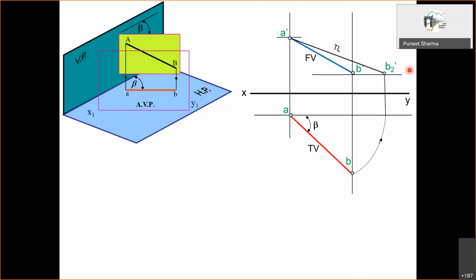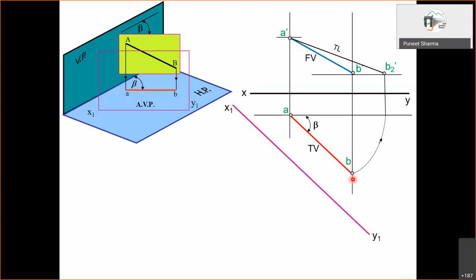But when we have to obtain it using the auxiliary view, we will have to obtain the auxiliary front view. So parallel to small a small b, we will use the new xy line. Then the projector from small a will be drawn perpendicular to xy.